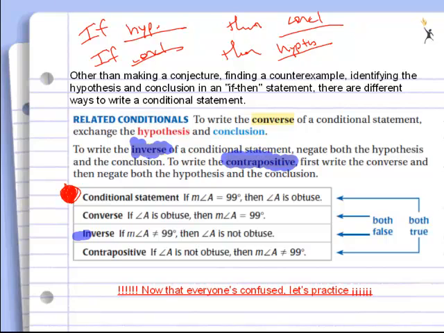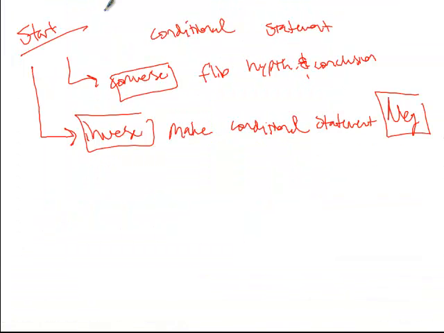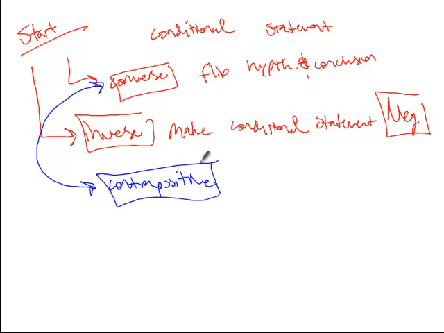The next thing we do is we go to the contrapositive. The contrapositive is taken off of what the converse says. If I look at how the converse is worded, I negate that.